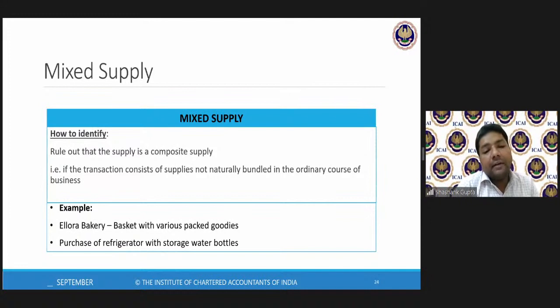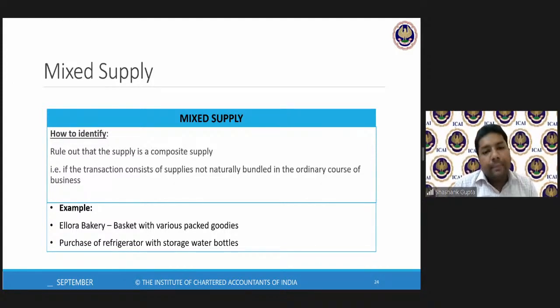Certain examples are, you go to a bakery or you go to a confectionery shop and you see this basket, okay? This basket has one packet of juice, one packet of chocolate, one packet of cookies, one packet of Lay's, one packet of wafers in a basket, wrapped in a colored transparent sheet.